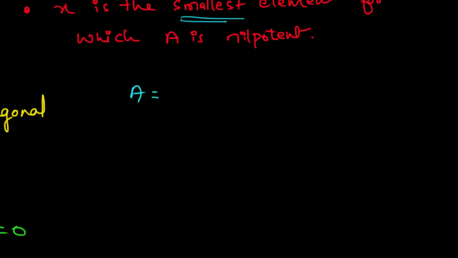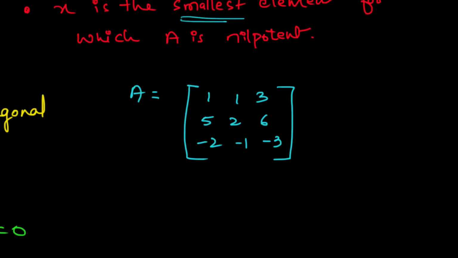So suppose A is 1, 1, 3, 5, 2, 6, minus 2, minus 1, minus 3. This is a matrix A of order 3 cross 3. Just pause the video and try it out yourself.